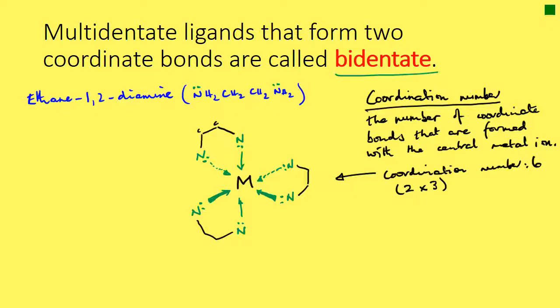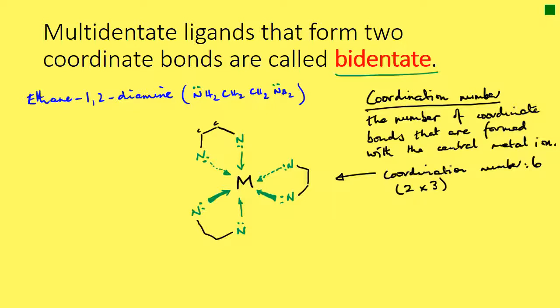So the first coordination bond comes out of the nitrogen, so the NH2 group, I won't draw the hydrogens and I won't draw the carbons, but what I will try and draw is black lines for the bonds. So this would be a carbon, that would be a carbon, there'd be a couple of hydrogens there, and then at the other end of the molecule you've got another nitrogen, and that would actually be behind the page, and it would be facing towards the metal ion.